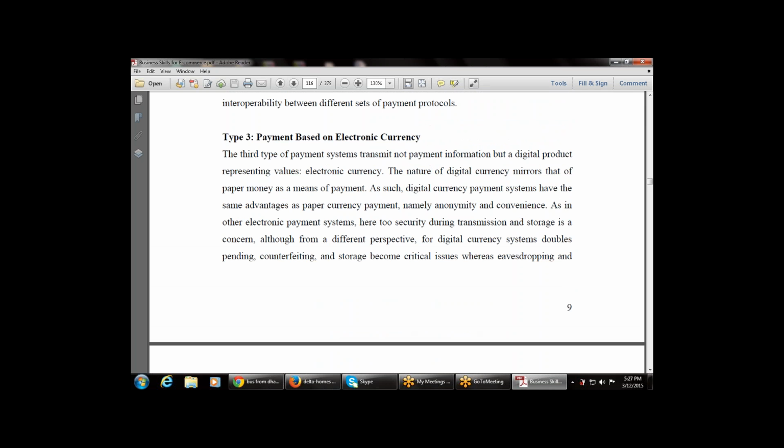So this is the payment based on electronic currency, where electronic currency is used to make the transaction electronically. This is the third type of system in which security is one of the major issues, because sensitive information is transmitted from the buyer to the seller and from the seller to the buyer.